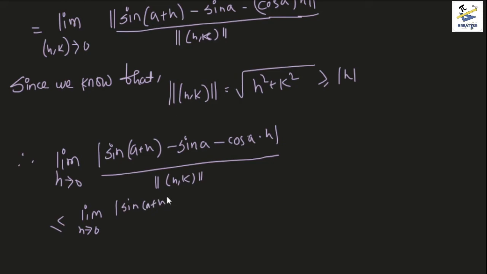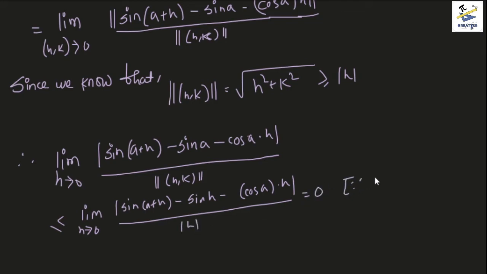sine of a plus h minus sine of a minus cosine of a into h by mod h. But this is already 0. This is 0 because we know that derivative of sine x at a is basically cosine a, right? So we already know this part.